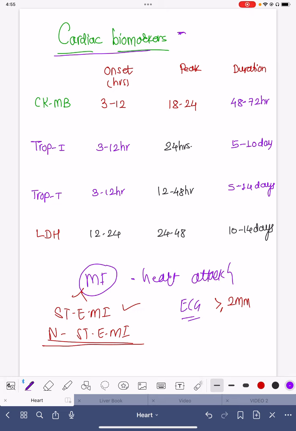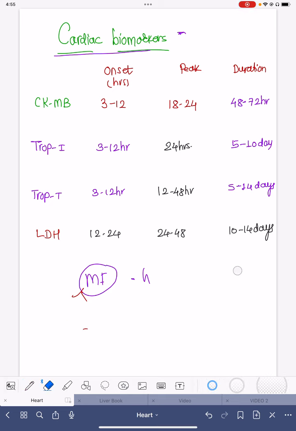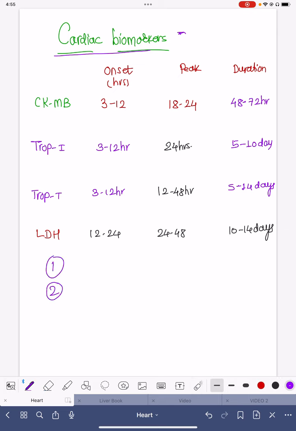To label any patient with MI, the patient must fulfill two out of the three criteria. What are the three criteria? Either the patient should have ECG changes, that is the first criterion, or the patient should have chest pain which is very typical of a heart attack, like substernal chest pain with heaviness, burning, or tightness.